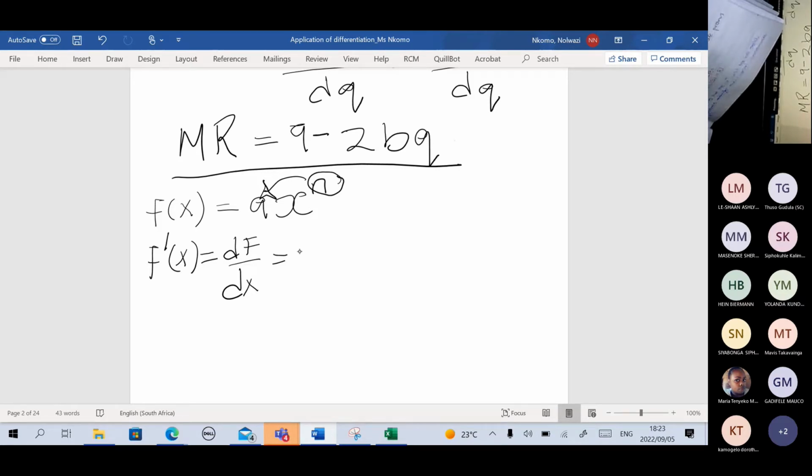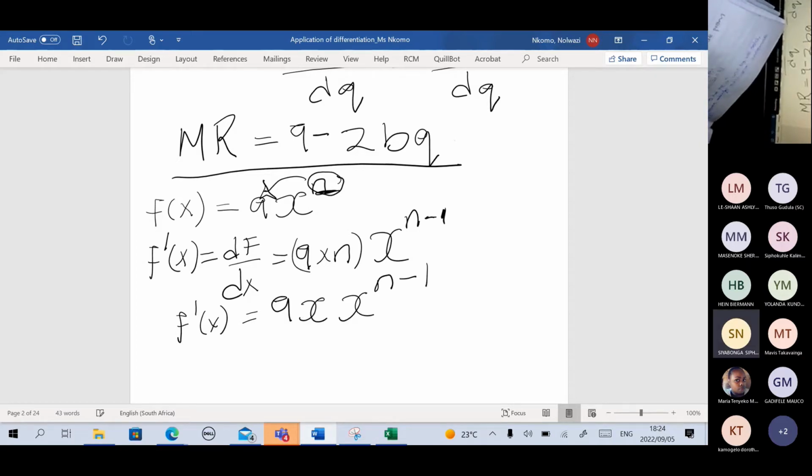So we'll have a times n, and then you'll have x, and you subtract 1 from the power. So you have a times n times x to the power n minus 1.